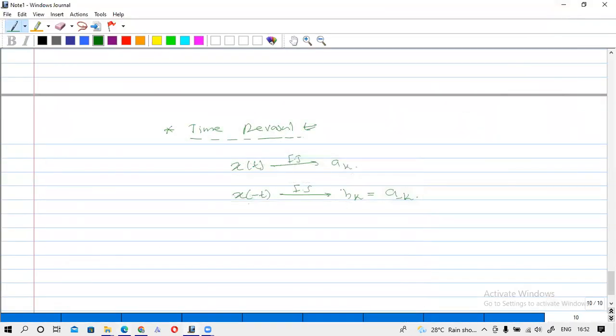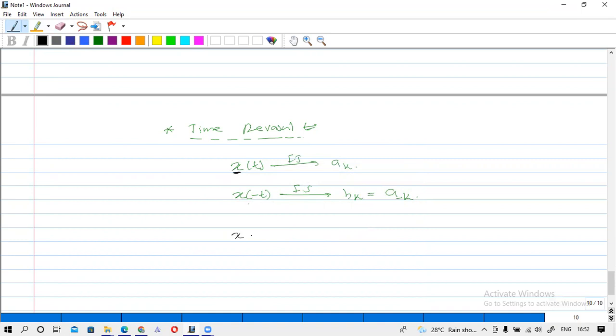So what does it mean? Let's take an example, the same example. I have a signal x(t) equal to sin(2π5t).